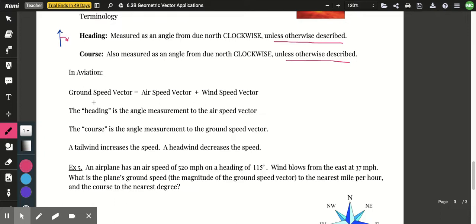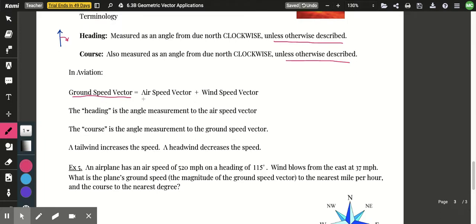All right, so in aviation, there is some other terminology that we're going to be using with vectors here. There's going to be what we call the ground speed, which is the speed that the plane actually covers distance on the ground.